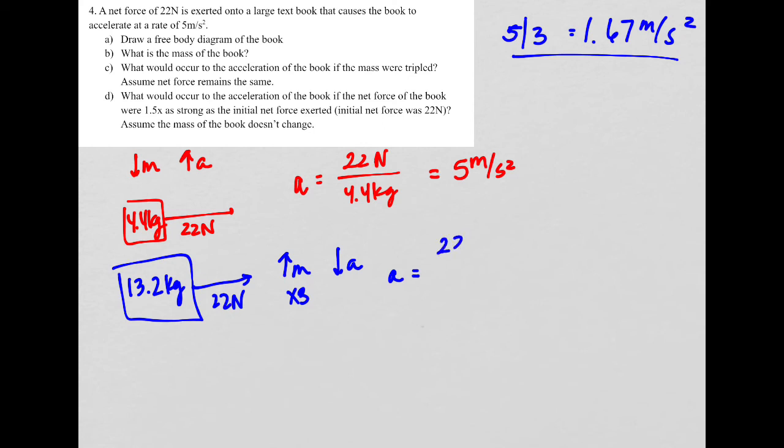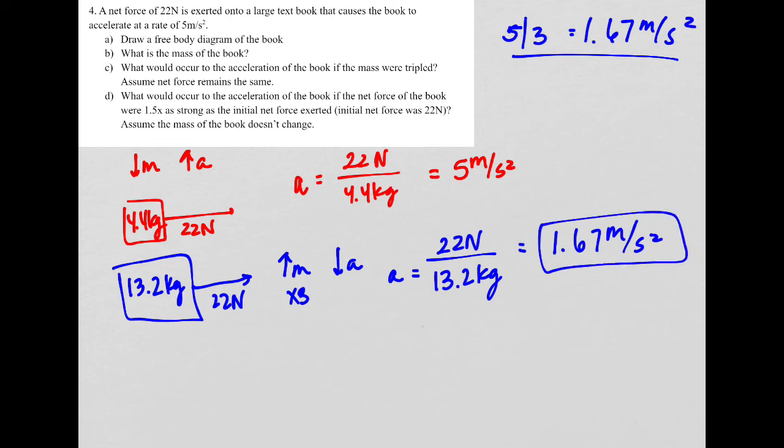So we have 22 newtons, same force, divided by our tripled mass. If we plug that into a calculator, we see that we get 1.67 meters per second squared, which is 3 times smaller than 5, right? So exactly inverse relationship. We increase the mass by 3, then we decrease the acceleration by 3 as well.